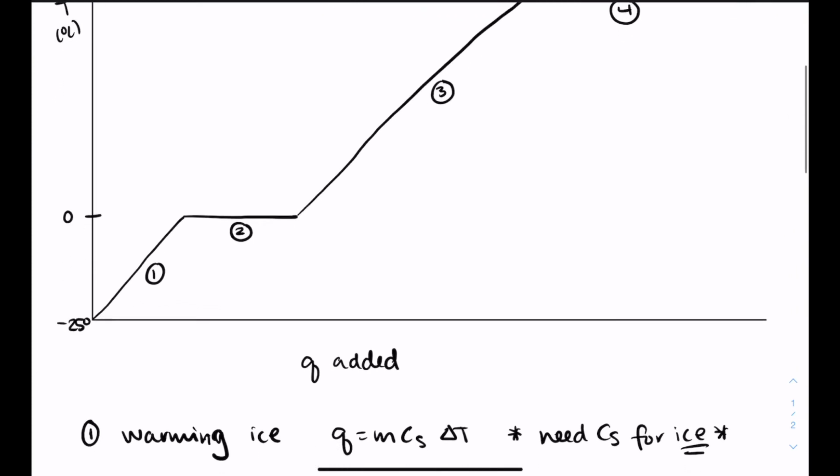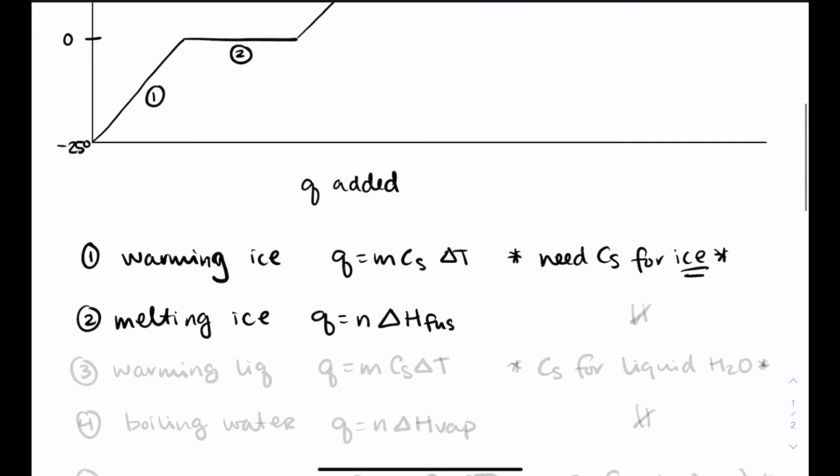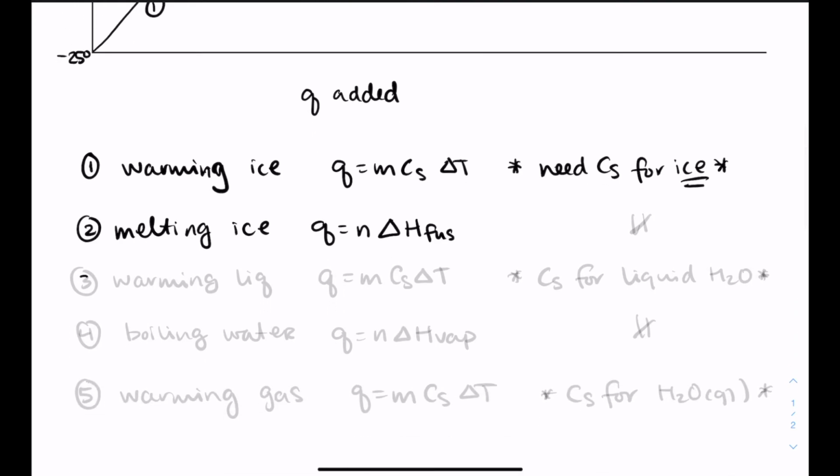Now I have water at 100 degrees. I need to turn it into steam at 100 degrees. So enthalpy of vaporization. I'm at the correct temperature. I need to do this phase change. No temperature change. All of the heat that's put in goes toward doing the state conversion.